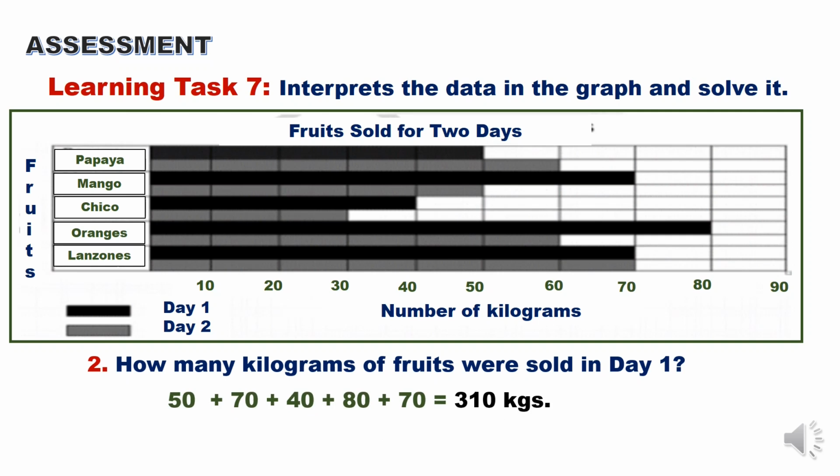Just add 50 for papaya, 70 for mango, 40 for chico, 80 for oranges, and 70 for lanzones, with a total of 310 kilograms.